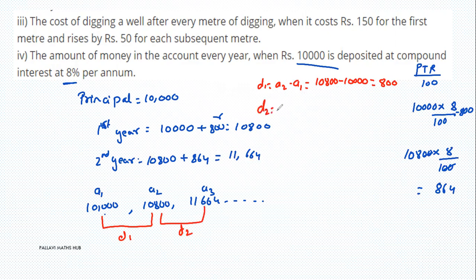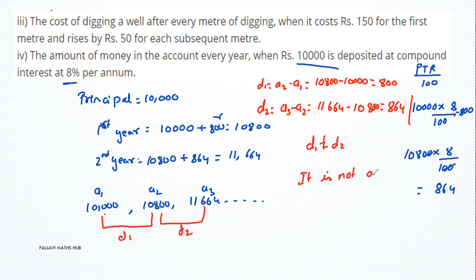D2 is equal to A3 minus A2. A3 is 11,664 minus A2, which is 10,800. So that is equal to 864. So D1 is not equal to D2. If D1 is not equal to D2, then it is not an AP. I hope all of you understand this one. Next, go for the next one.